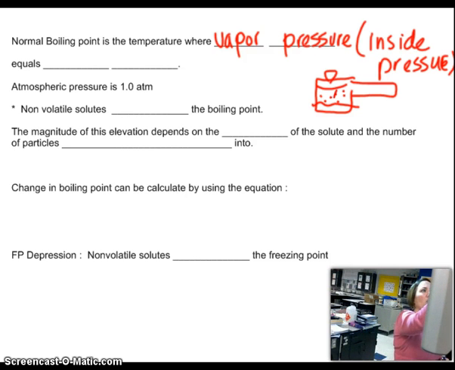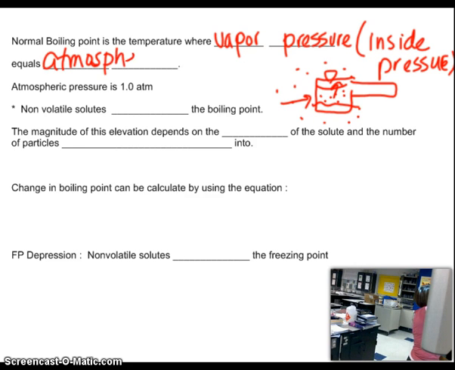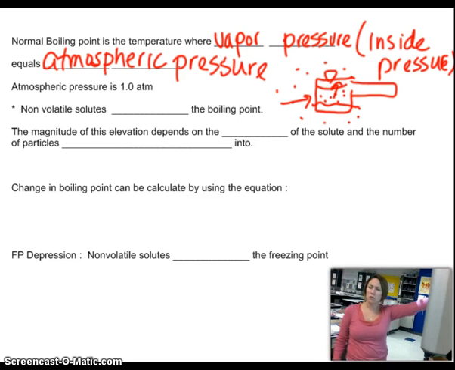The force that these molecules push out with is vapor pressure. And since we live in an oxygen environment, there's gas on the outside pushing in. The force that they push in with is known as atmospheric pressure, which is typically 1 atmosphere.